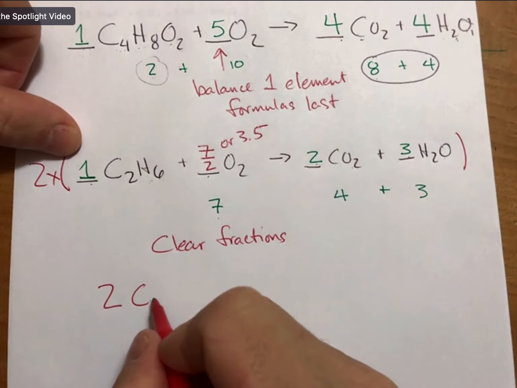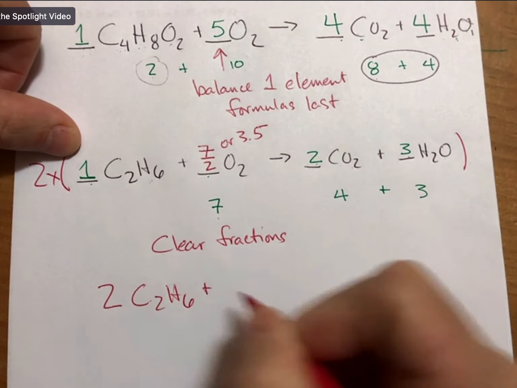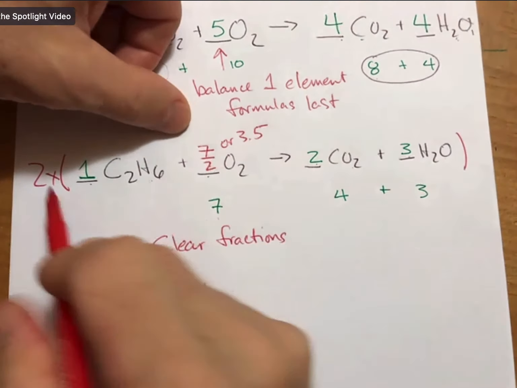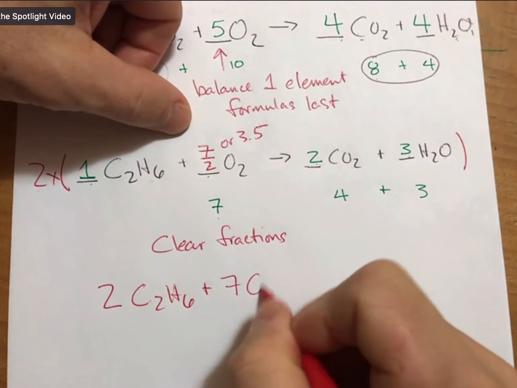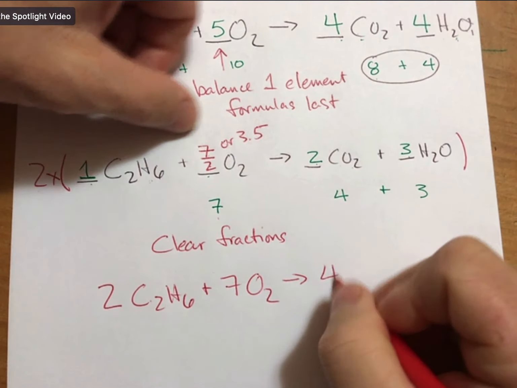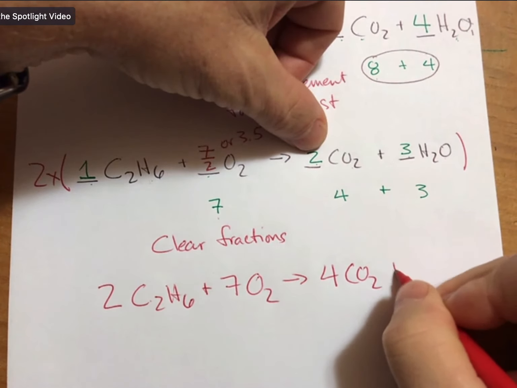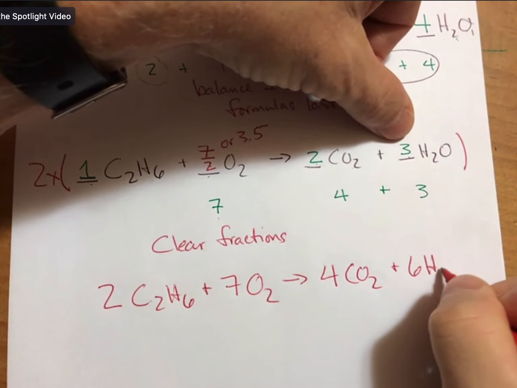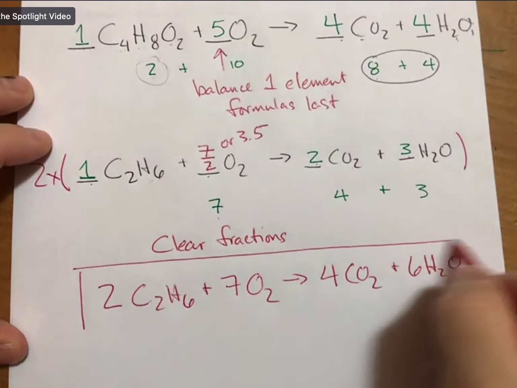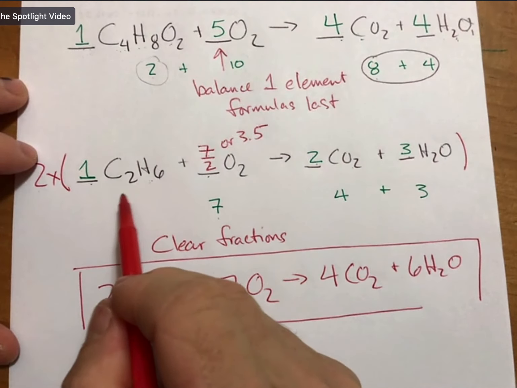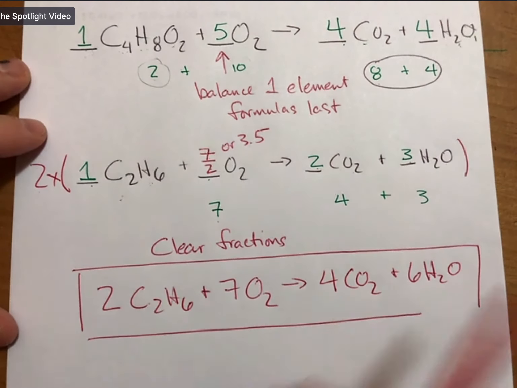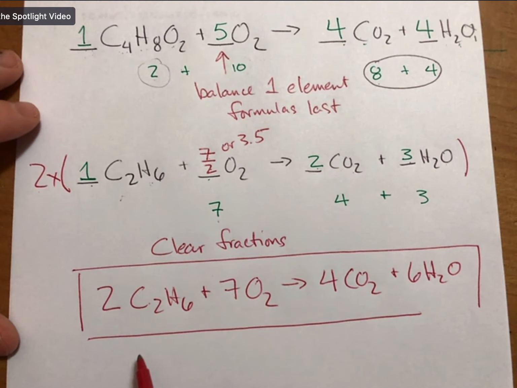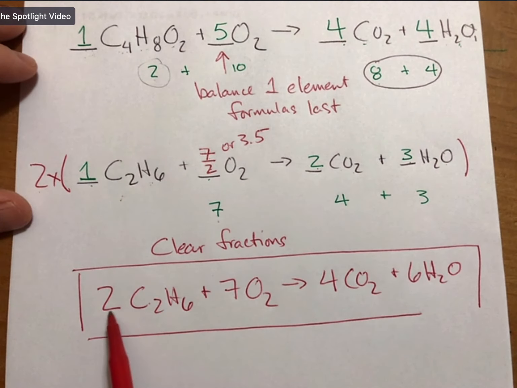That's going to give me 2 C2H6 plus 7 halves times 2, or 3.5 times 2, which just gives me 7. I get 2 times 2 is 4 carbon dioxides, and 2 times 3 is 6 H2Os. And so if this is your reaction, the numbers you are going to put into the Blackboard system would be 2, 7, 4, and 6, and that should get you the right answer.